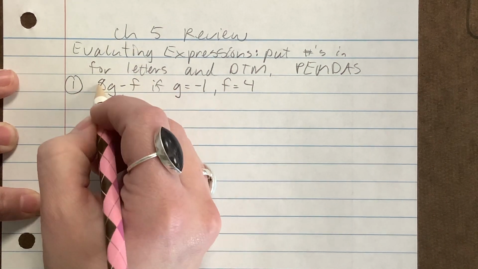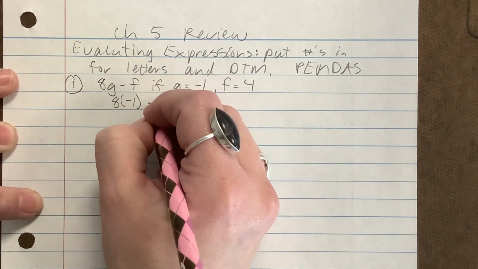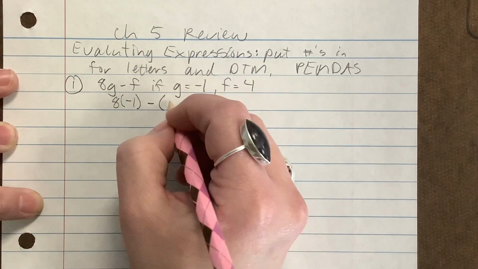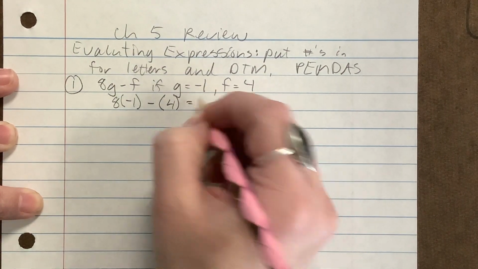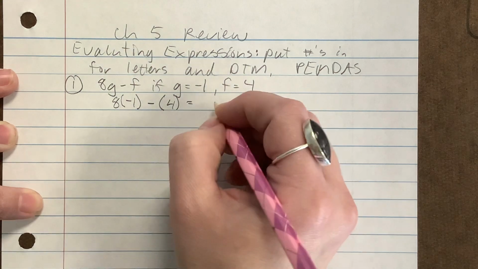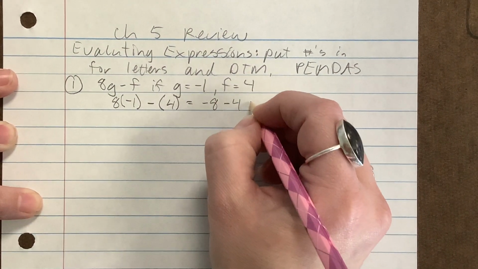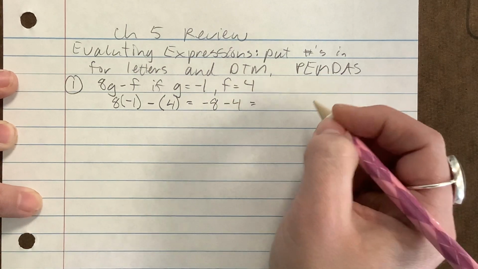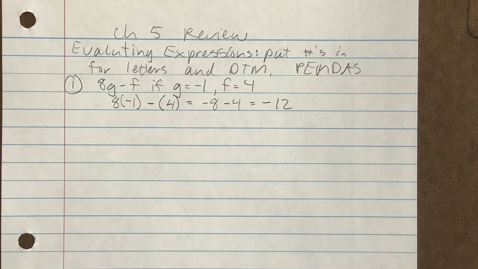So we've got an 8 on the outside, g is -1, minus, and then f is 4. So then if we do that math, 8 times -1 is -8, and that's really a -4. And they have the same sign, so we keep the sign and add them like normal. Ta-da!